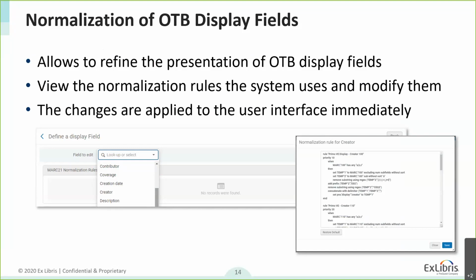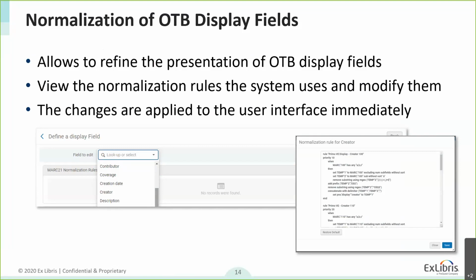We also allow you to see the out-of-the-box rules and change them according to your needs. From the out-of-the-box rules, you can learn how to use normalization rules. I think this is the best way. And how to use the syntax.